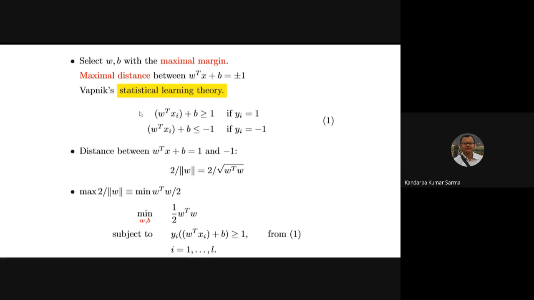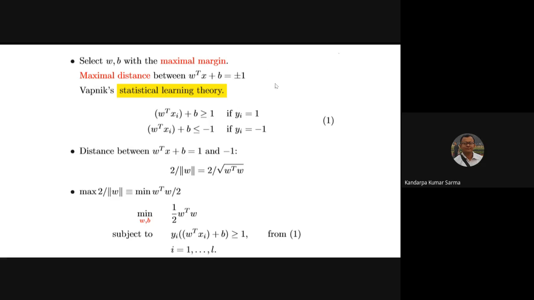So how do we now generate the maximal margin? We can generate the maximal margin by selecting w and b in such a way that the maximal distance between w transpose x plus b shall be plus minus 1. This is called Vapnik's statistical learning theory. So this one, w transpose xi plus b, taking value greater than or equal to 1 if yi is equal to 1, or w transpose xi plus b less than minus 1 if yi takes value minus 1.